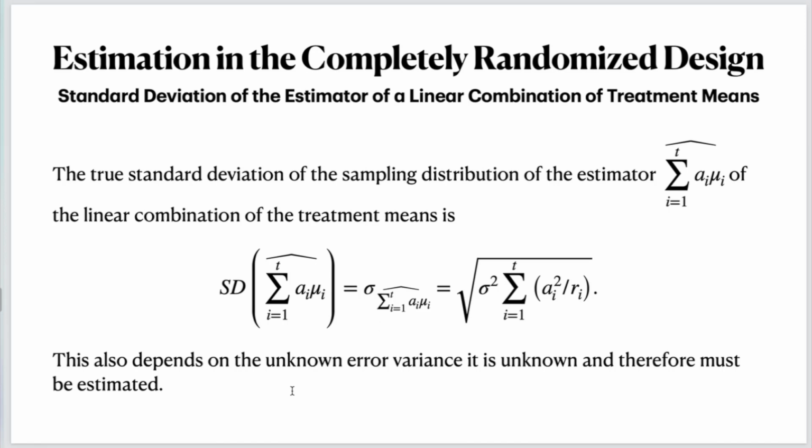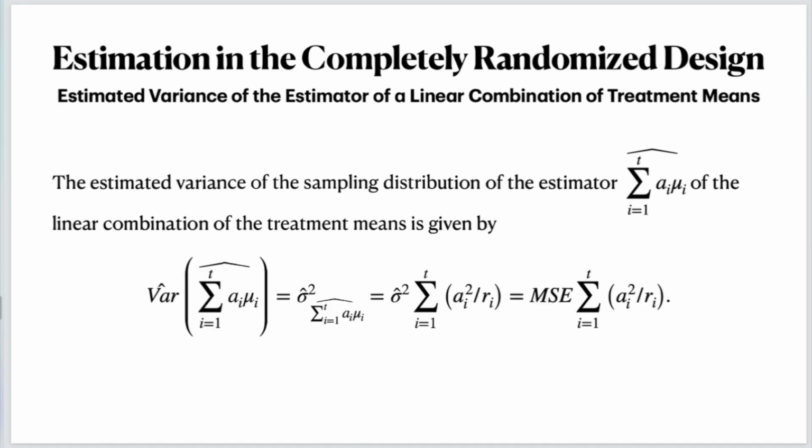Now again, we're not able to calculate this exactly because we don't know the unknown error variance, so we would have to estimate this using the data. The way we do that is by plugging in the estimate of sigma squared that we obtain from the ANOVA table.